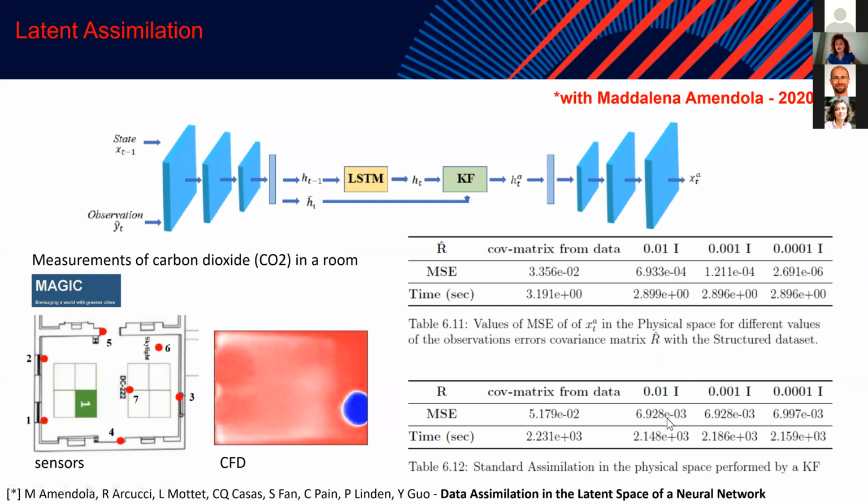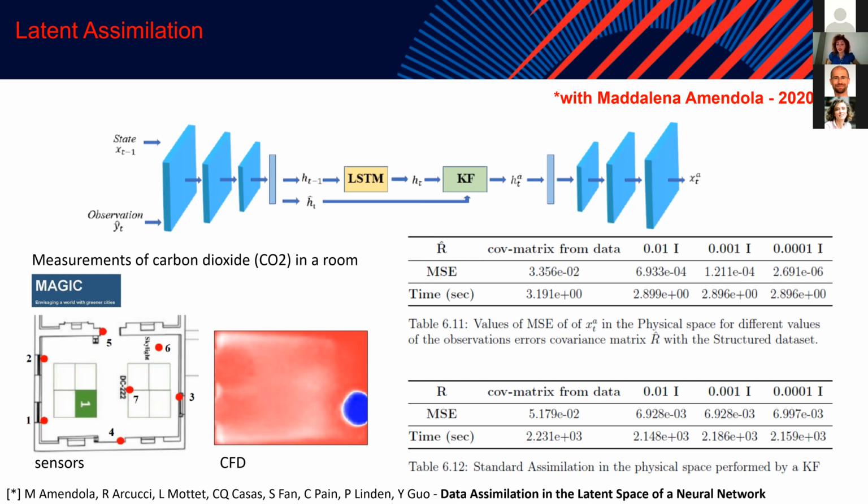Also in terms of accuracy, especially if you consider an R matrix which is small, which means you give bigger importance to the observation. Usually the values of R are small when you trust the observation more. In that case, you have a strong improvement in the mean square error of up to 3 orders of magnitude.